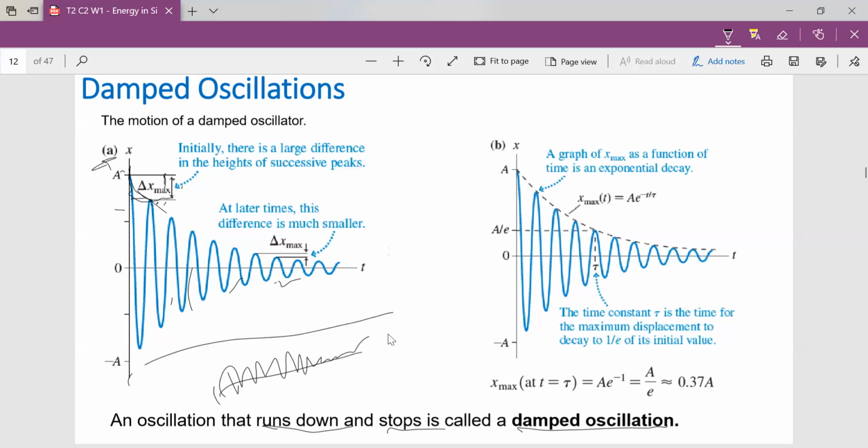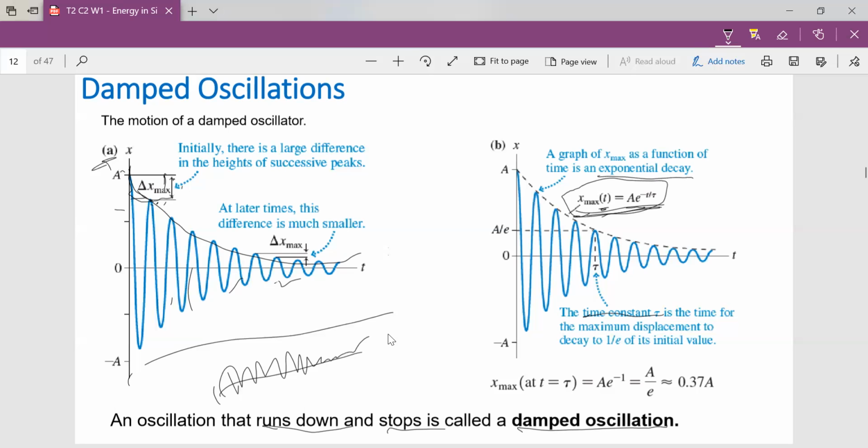Okay, so let's now imagine we draw a straight line across the damped oscillation. We'll see the expression for that straight line drawn now to be the maximum displacement as a function of time, which is equal to the amplitude times the exponential of minus t over tau. Tau stands for the time constant, okay? So we see this expression called the exponential decay.